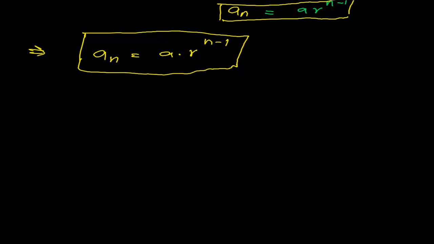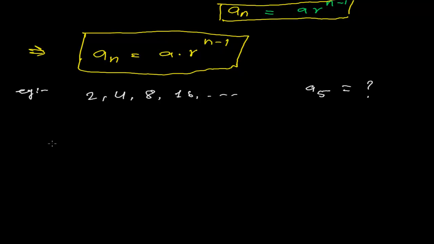So let me take a simple example. Suppose I have a very simple geometric sequence. Let me write this: 2, 4, 8, 16, and so on, okay? So here this is the 1st, 2nd, 3rd, 4th term. Suppose I need to find out the fifth term. What will be our fifth term?